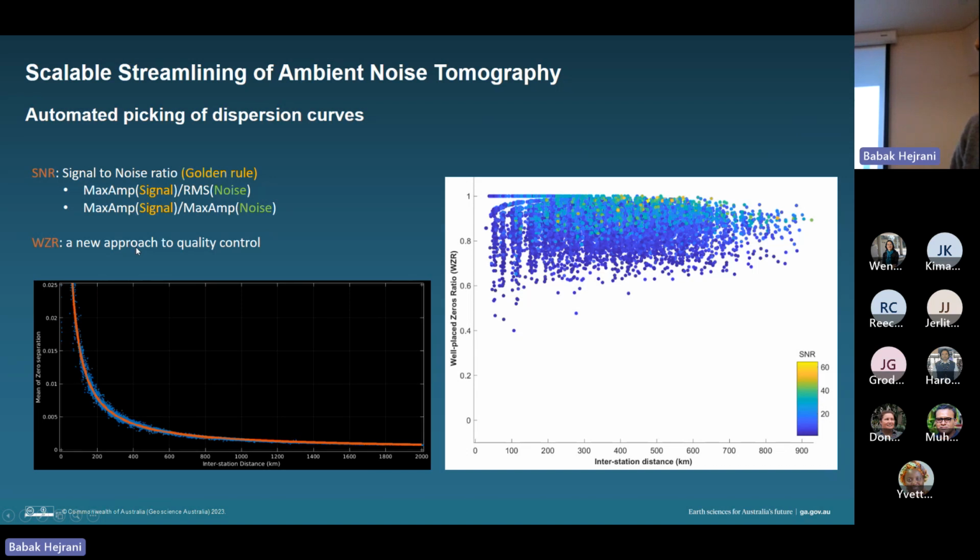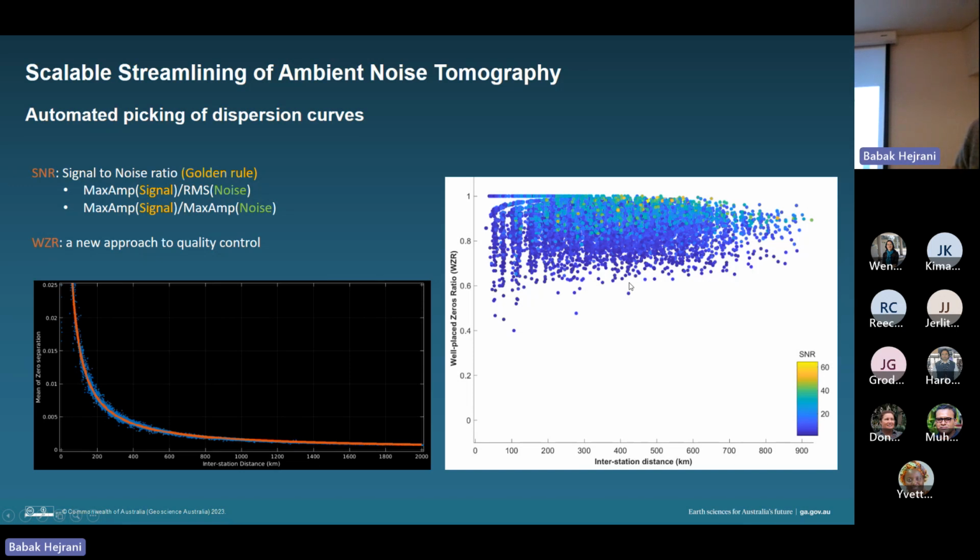WZR is the well-placed zeros ratio. If the zeros are well placed, that would be 1. Do you see those points there? Everything is perfectly placed, and you will get a nice dispersion curve. If it's lower, then you have problems in your dispersion curve. And the color here represents the SNR, the traditional SNR in seismology.